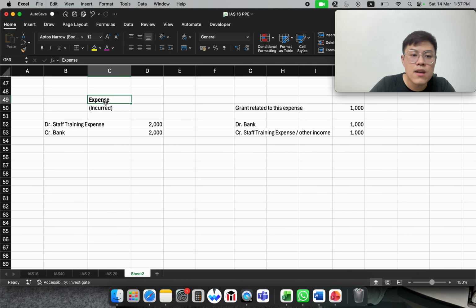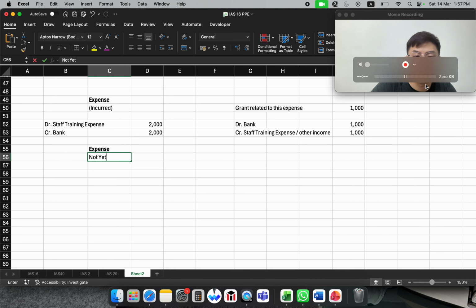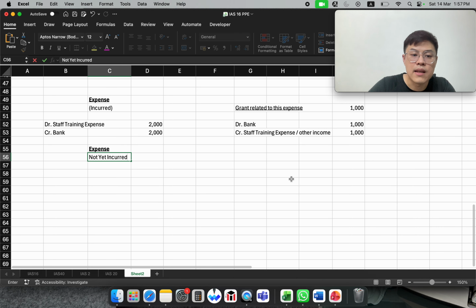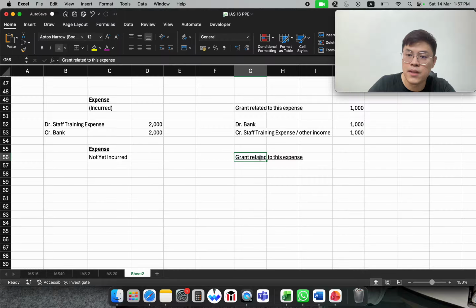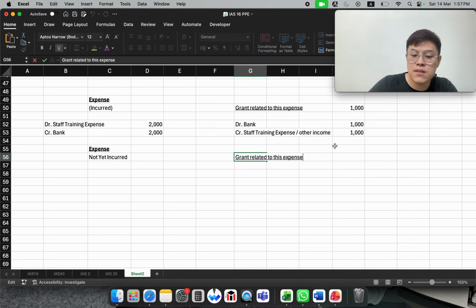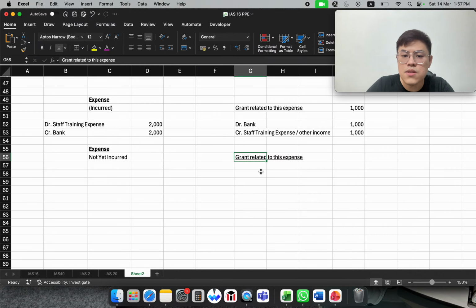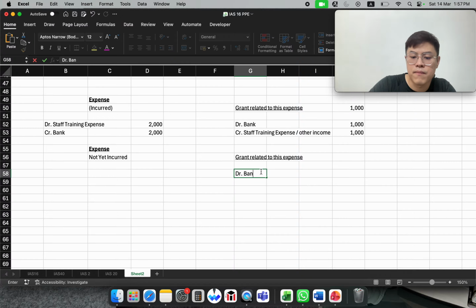But let's say your expenses are not yet incurred, meaning you haven't paid, everything has not yet happened, but you already received the grant from the government already. Grant related to expenses you received already. Since you received already, you need to debit bank. And where do you need to credit? You cannot credit into SOPL.